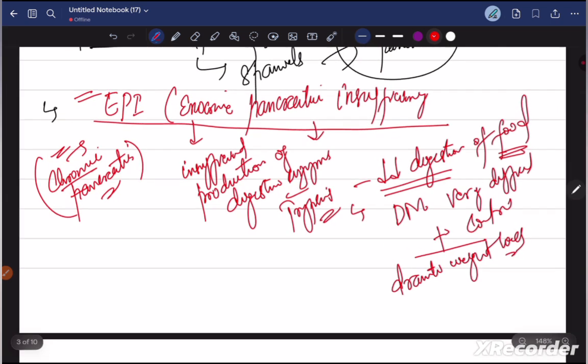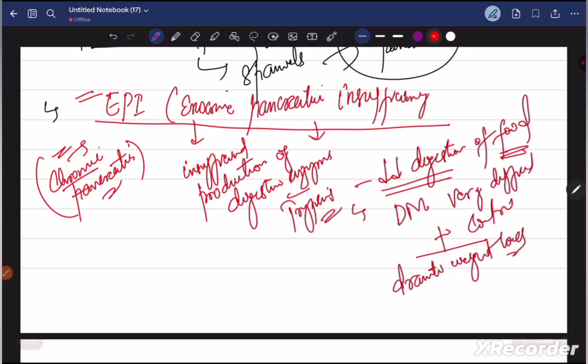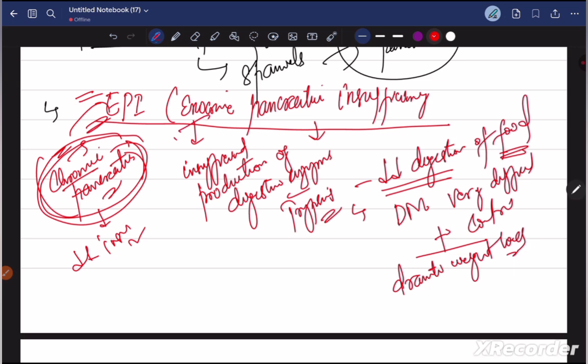What I am trying to make you understand is that chronic pancreatitis leads to decreased insulin production. Another aspect of chronic pancreatitis is that it leads to EPI, that is exocrine pancreatic insufficiency. What does it mean?